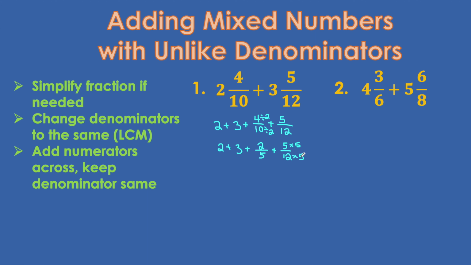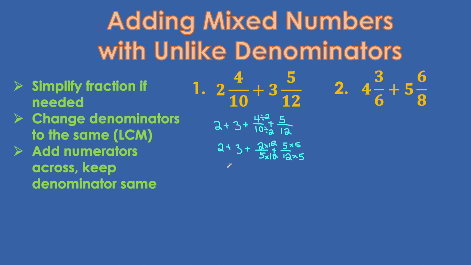Since 12 times 5 is going to give us that 60, then you multiply 5 by 12. So as a reminder, to find the least common multiple, you would start with the greater denominator, the larger of the two. Then you think of multiples. So it would be 12, 24, 36, 48, and the next one, 60, since 5 can go into 60.